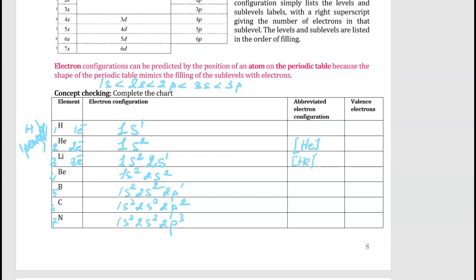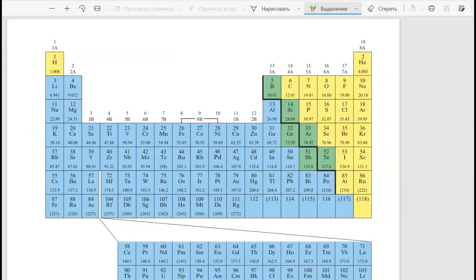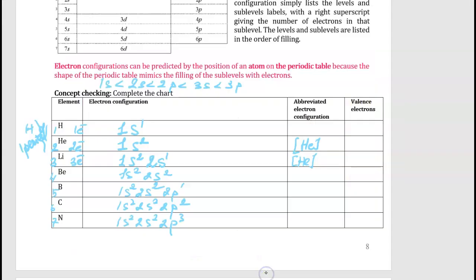Why helium? Because it has a finished outer shell, okay? And then all elements which are located in the second period, we will compare them to helium. But elements from the third period, we will compare them to neon, okay?